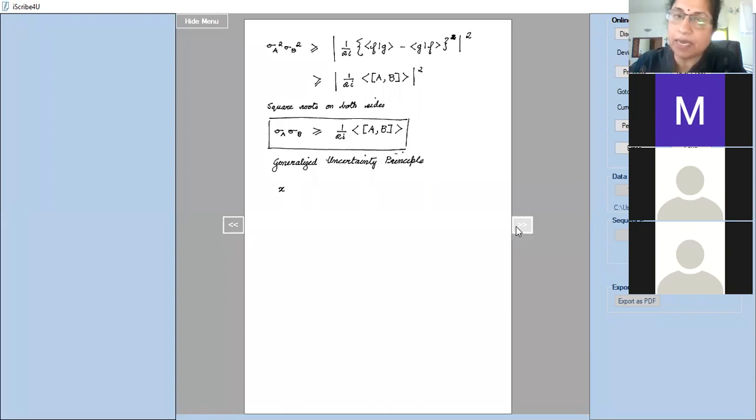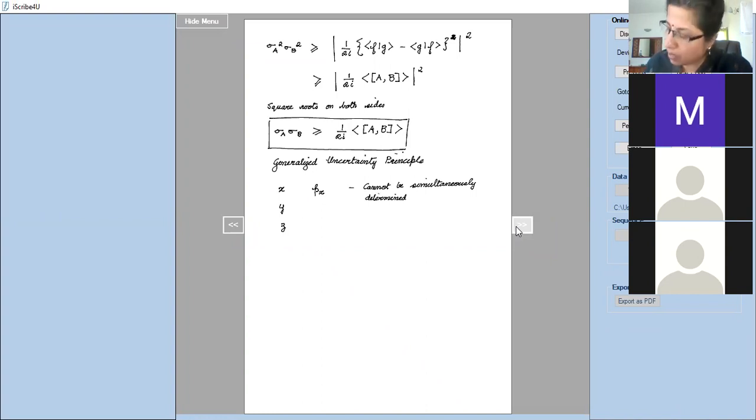Remember that you have three components of your position, right? You have x, you have y, and you have z. Okay. Remember, what you cannot simultaneously determine along with x is px. That is the component of the linear momentum in the x direction. Okay. So these are what cannot be simultaneously determined. Okay.